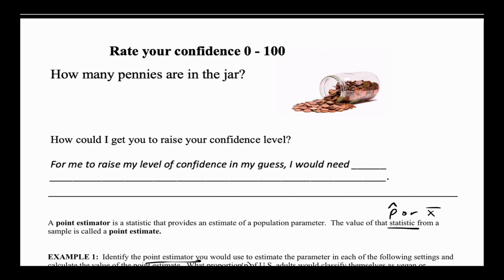If you were going to guess how many pennies were in that jar, if I said you had to pick one number, you weren't very confident. But if I said, okay, I'll give you a margin of error of 100, your confidence grew. 500, your confidence grew, right? So as you got more confident, the interval got bigger. Okay.